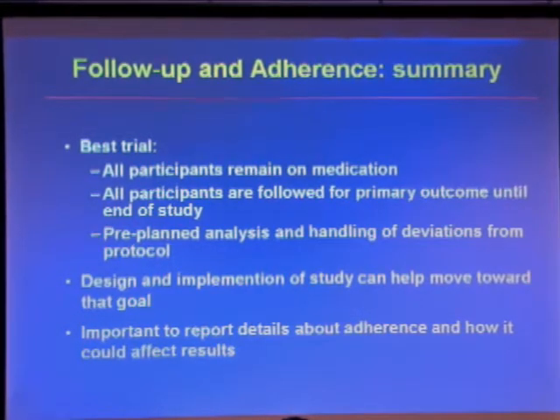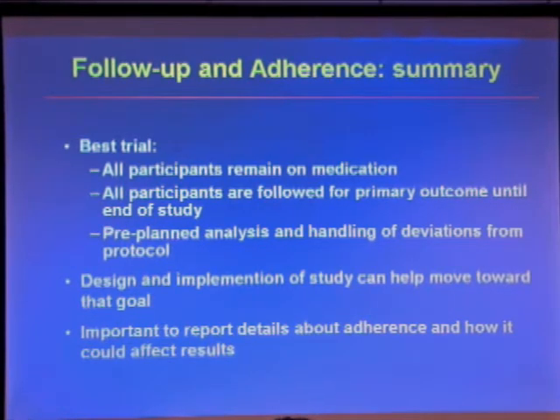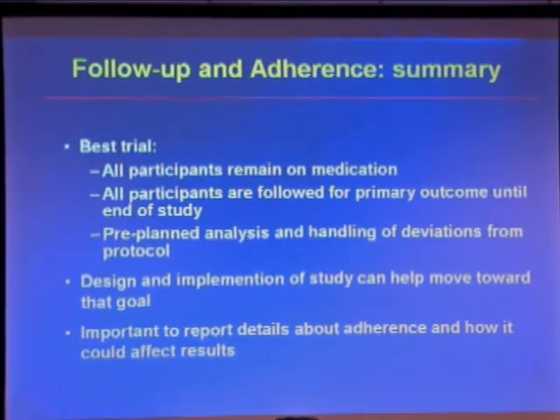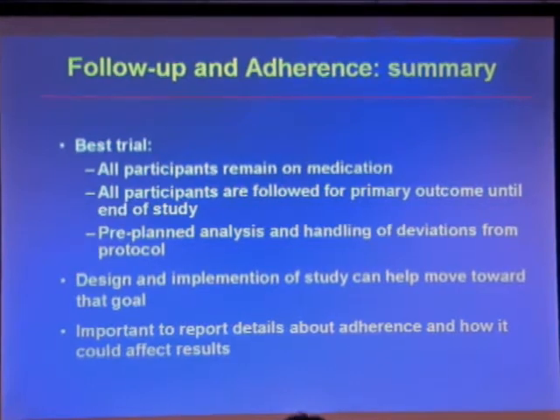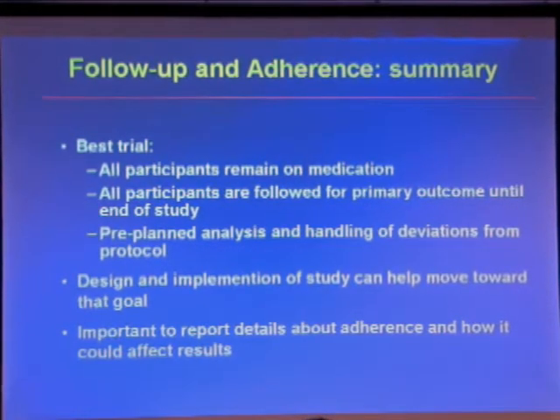So to summarize all this stuff, the best trial we could do is a trial in which all participants remain on medications and all participants are followed for the primary outcome until the end of the study. So when you're designing your study, when you're evaluating your studies, this is what you think is the ideal.